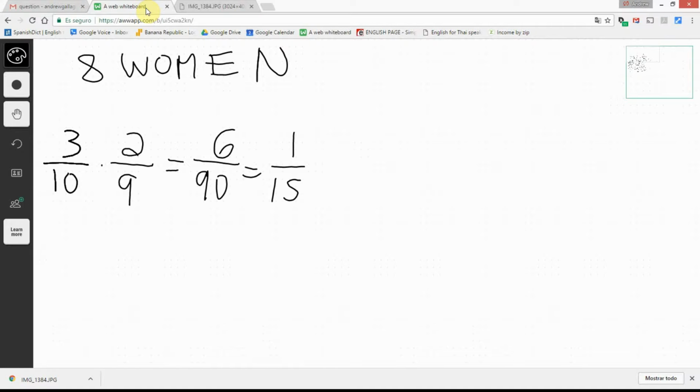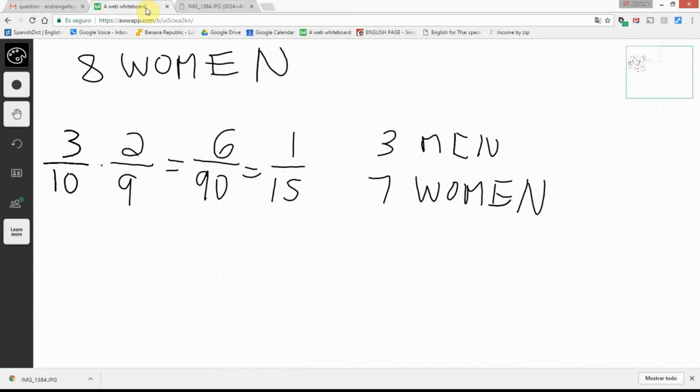So this is with 3 men, 7 women. So the answer must be that it's not sufficient, because with 3 men, the probability is less than 1/10.